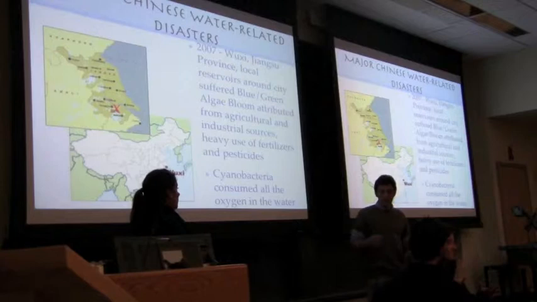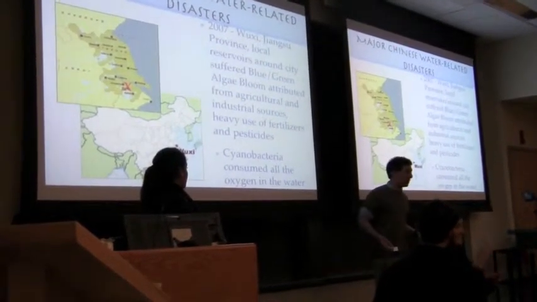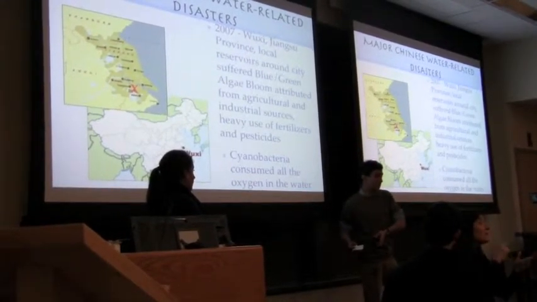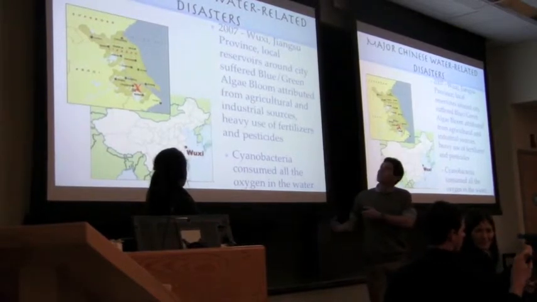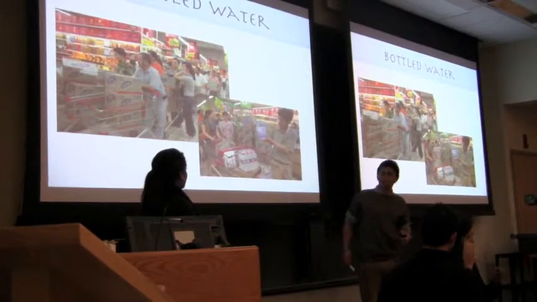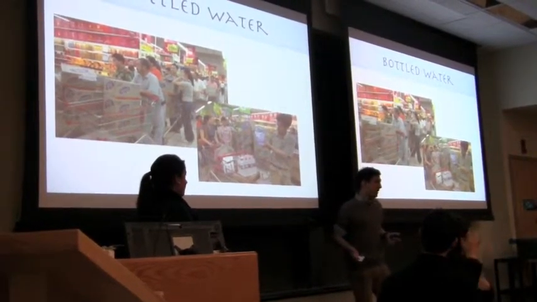A study also linked cyanobacteria to Lou Gehrig's disease in humans. So that's the algae outbreaks. I think we have photos coming up. But bottled water is scarce in China because people need clean water and they can't get it from anything else.